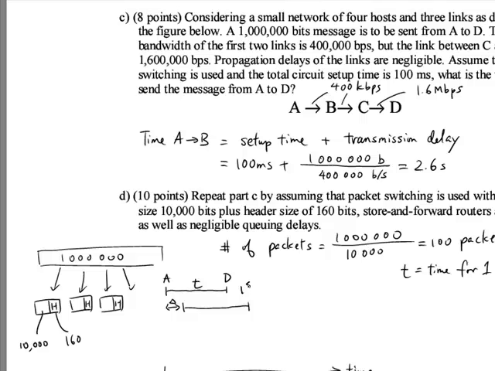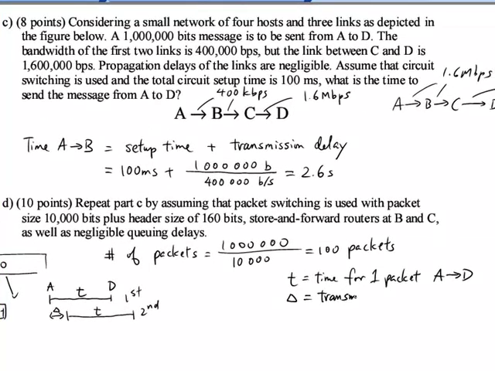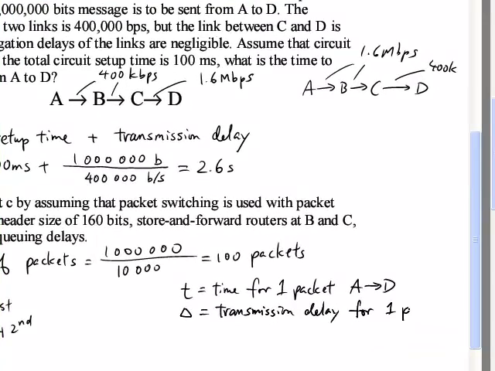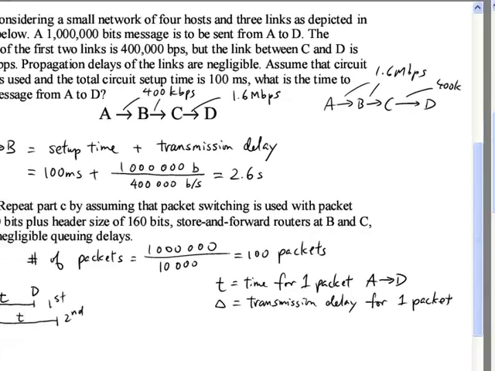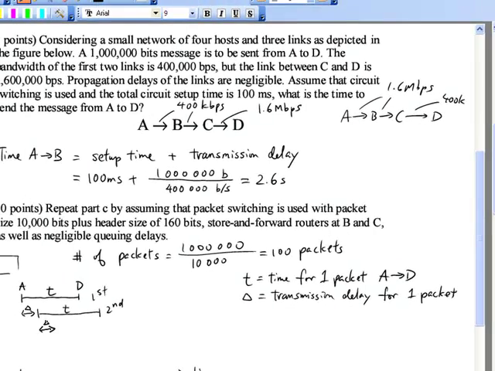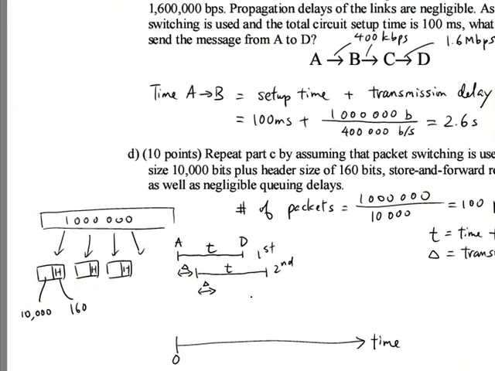If this is the first packet, this will be the second one, and again the second one will take t seconds to arrive at D. The delta here is defined to be the transmission delay for one packet. And for the third packet, again, A waits delta seconds to finish the second one, and then it can send the third one, and so forth.